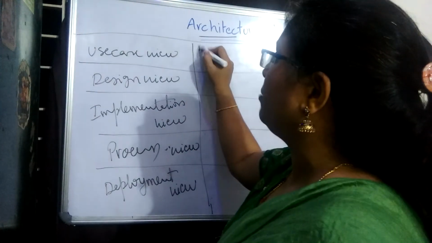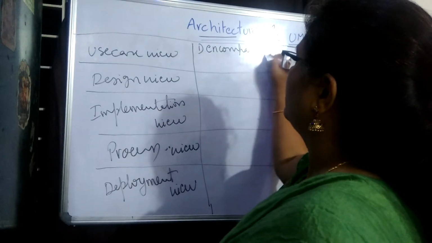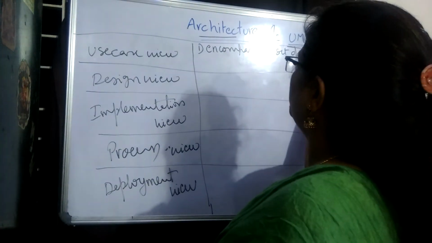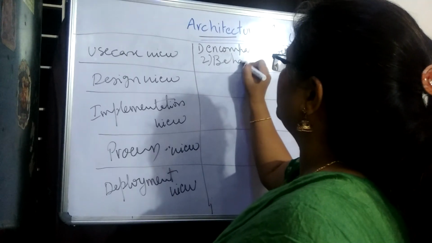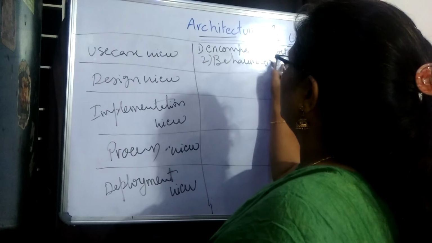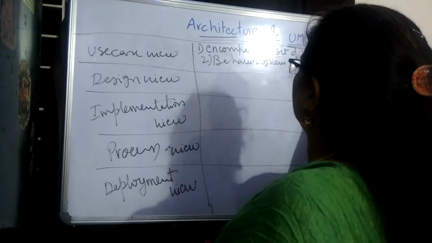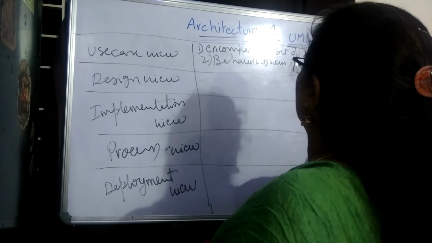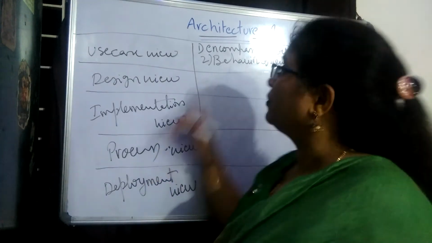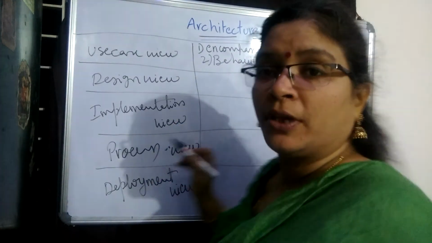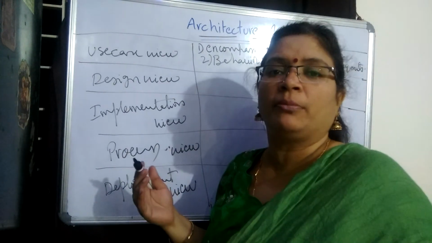The use case view encompasses a set of use cases, and it describes the behavior of the system as well as the functional requirements of the system.